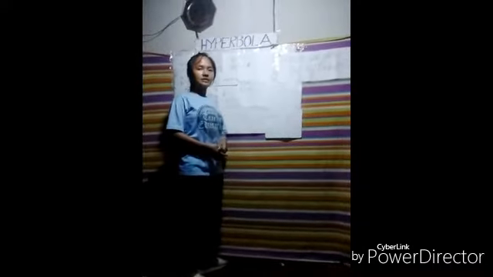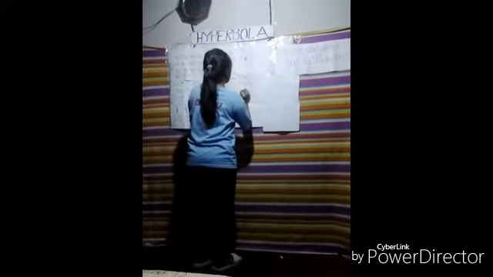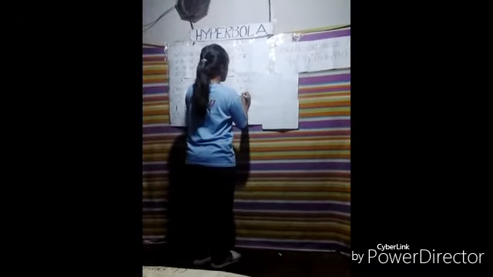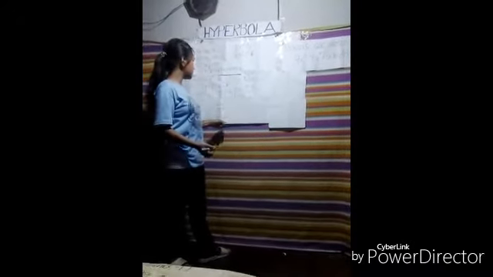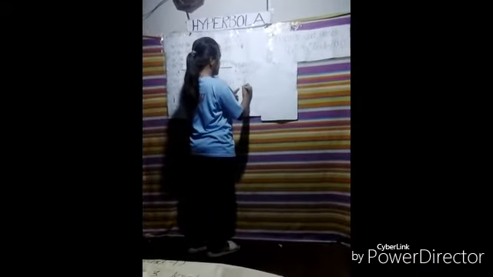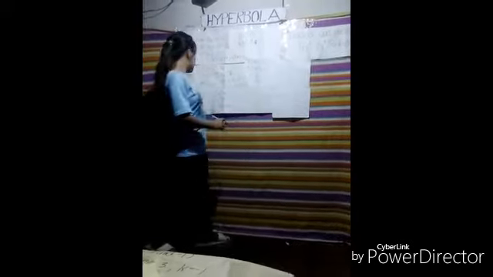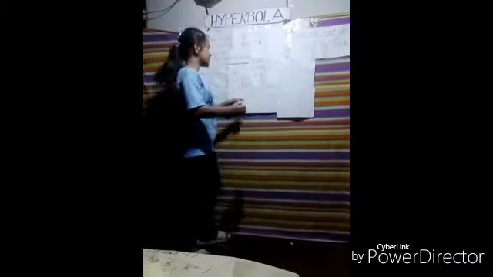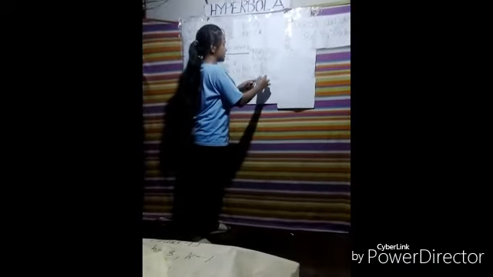The formula of eccentricity is e equals c over a. Our c here is the square root of 13, and our a here is 3. This is the eccentricity.